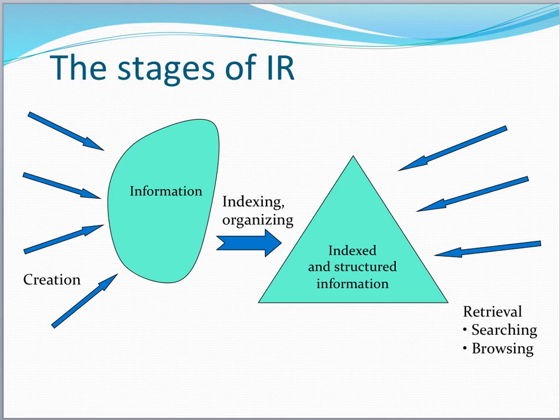So we create information, we consume information, but in order to be able to retrieve that information, it has to be processed. And by process, I mean it has to be organized. And that's why we have indexing, that's why we have cataloging and classification, and that's why we do database, and we have a record with fields, etc. Okay?